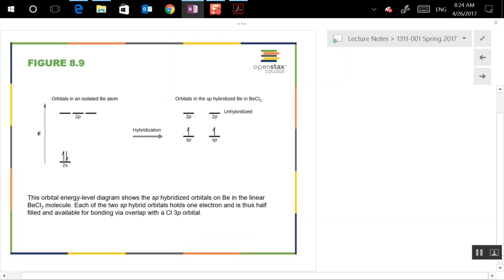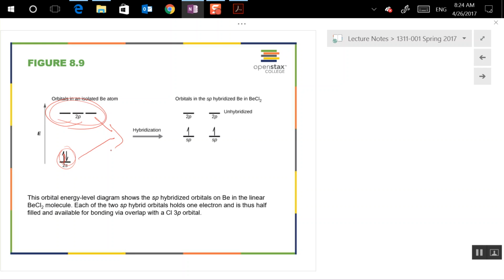It would look something like this if you were going to draw it in this fashion. So here I have a 2s and a 2p. The 2s is lower in energy than the 2p. But if I hybridize into an sp orbital, the hybridization brings the p and the s into the same sub-energy level.